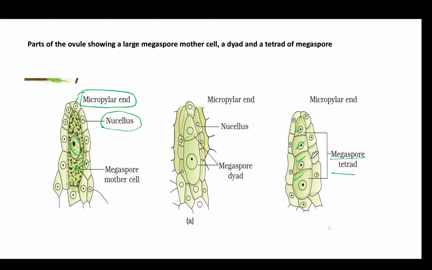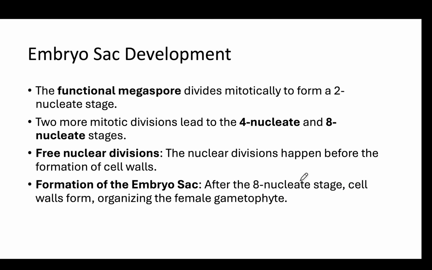So out of these 4 cells, only 1 cell will remain functional, and what happened to the other 3 cells? They will degenerate. Okay. Now think about this one single functional megaspore, that is already haploid. So this single functional megaspore will again divide mitotically to form 2 cells.